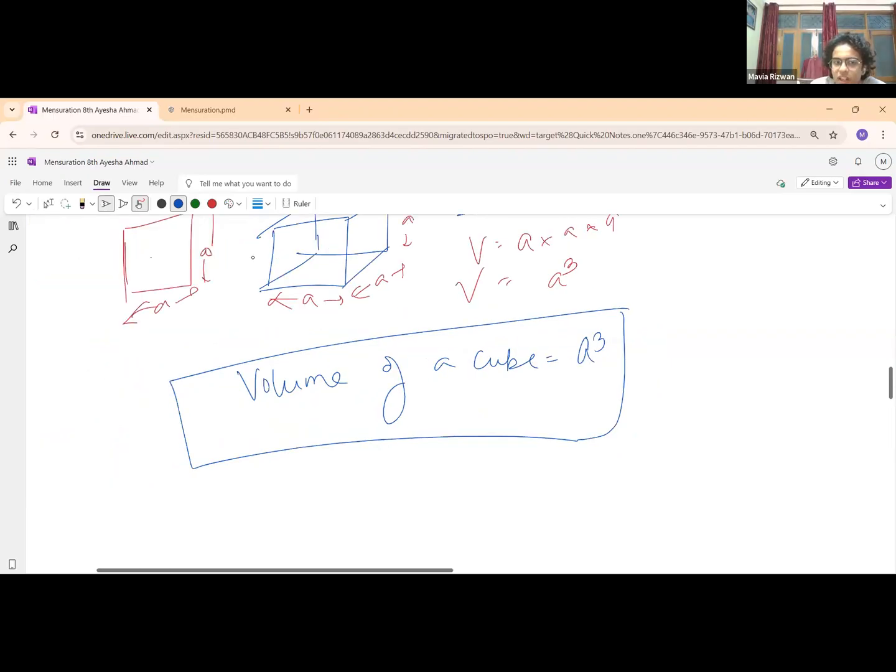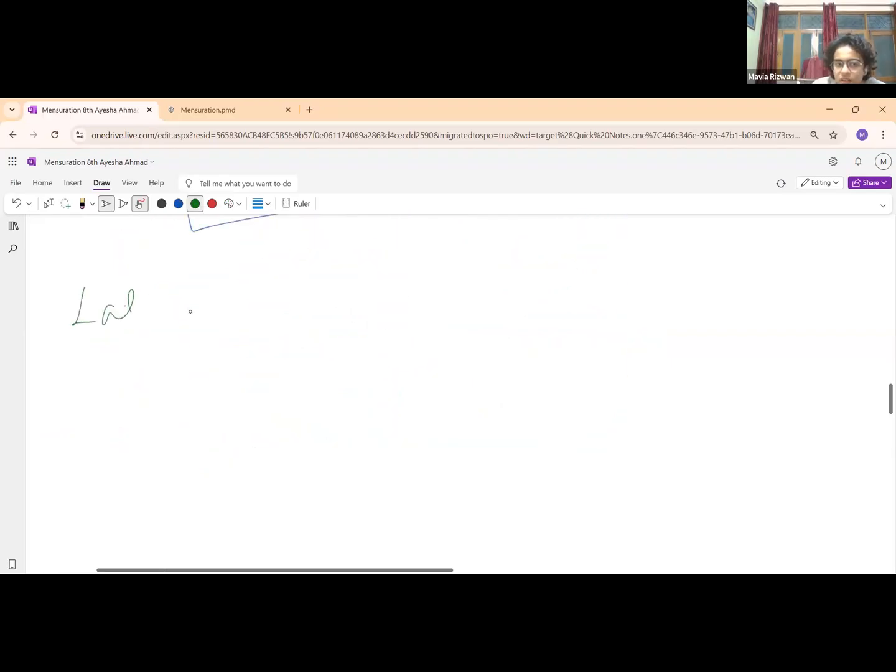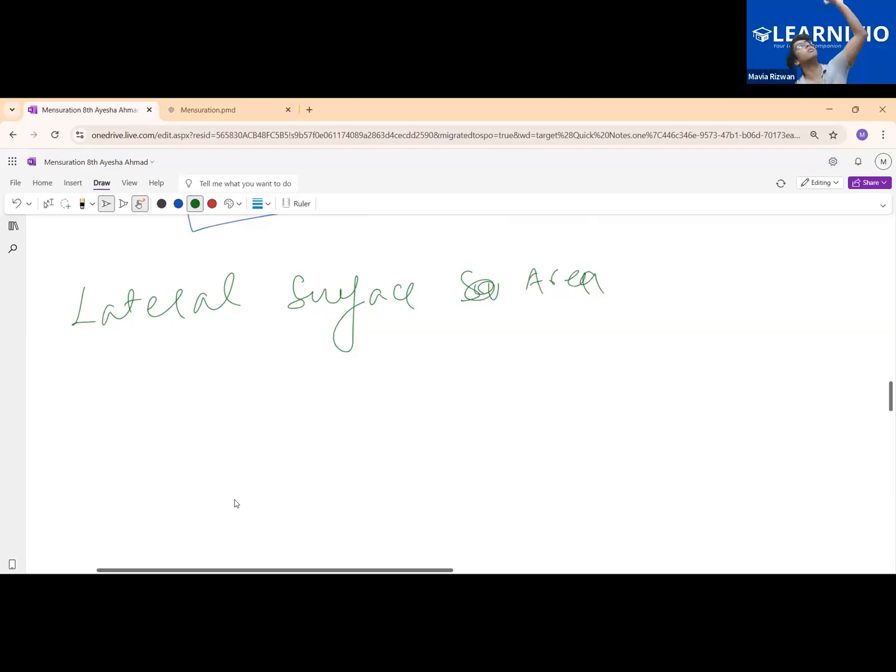Okay. Now, Aisha, one more thing. There is also another thing known as lateral surface area. You'll say, sir, what is it? Let's suppose your room is rectangular, like a square. You have to paint your room. Of course, the ceiling is always white and you don't paint the floor.